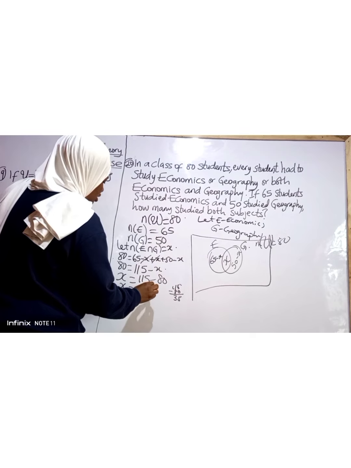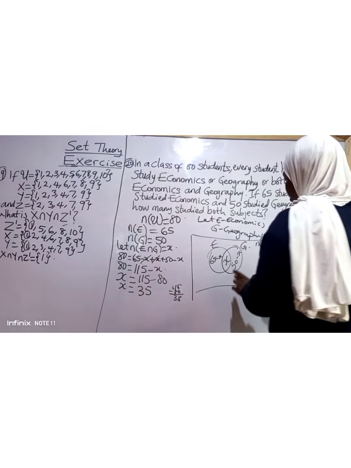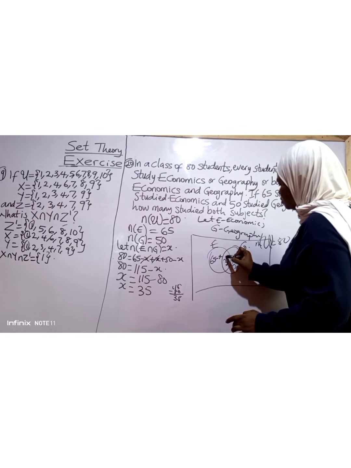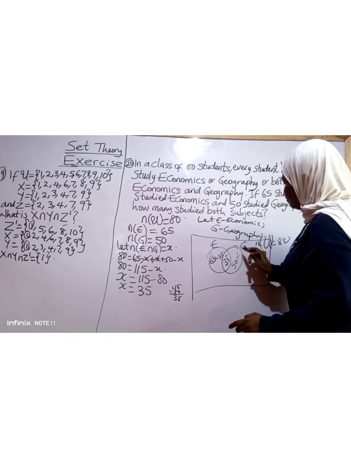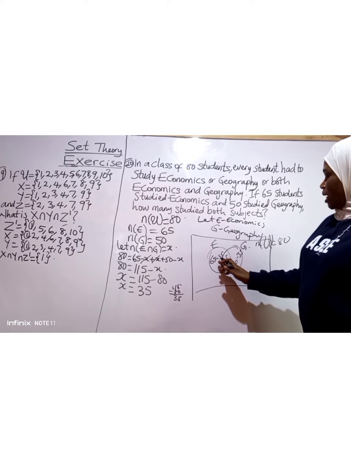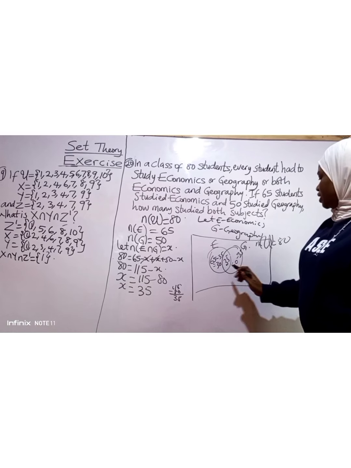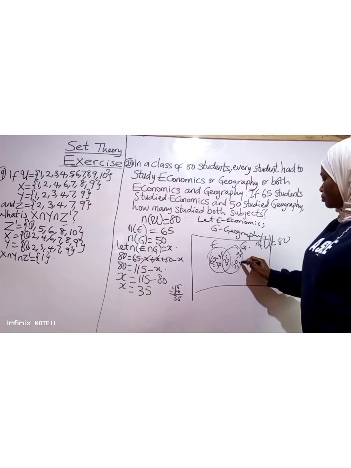So those that studied both economics and geography are 35 people. So we write 35 here. Let's check. 65 minus 35 will be 30. 50 minus 35 will be 15.